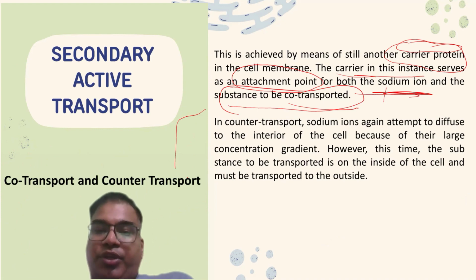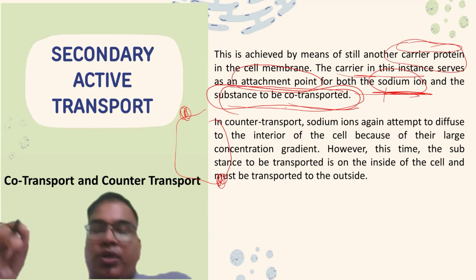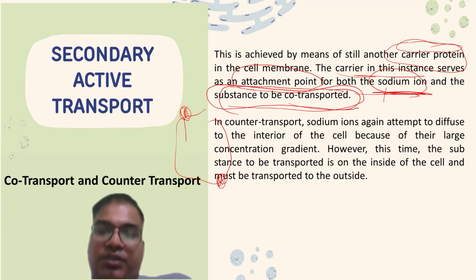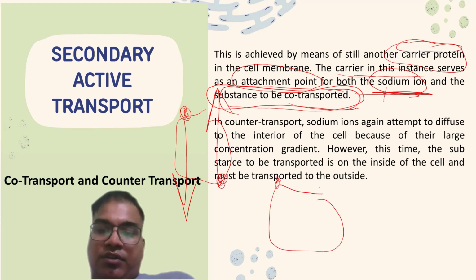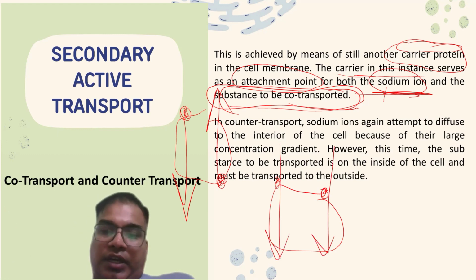So there is a carrier protein which has two attachment points, one for the sodium and one for the other substance that is being co-transported. In this case, there will be a movement in the opposite direction. And in this case, these two attachment points could be in the same direction. These are the attachment points in antiport, and these are the attachment points in symport.